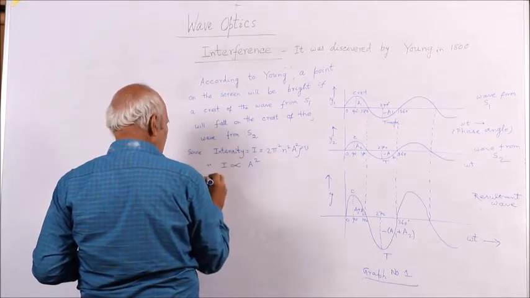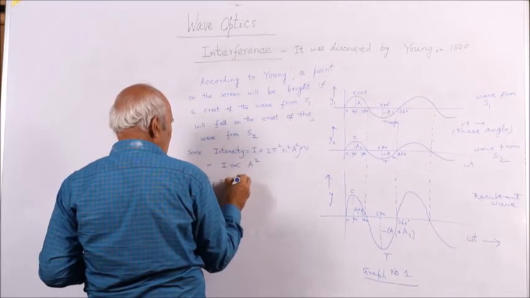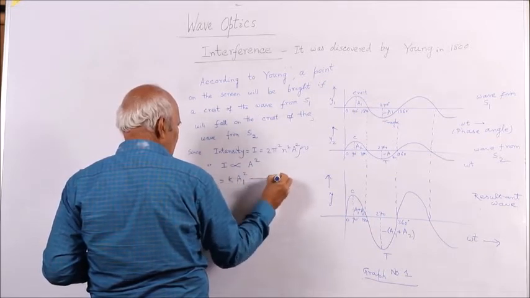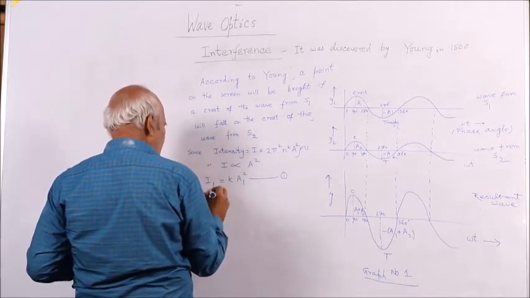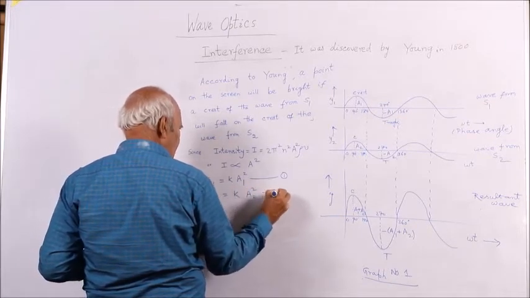So, for the first wave from S1, I1 is equal to k A1 square. Then similarly, I2 will be k A2 square.